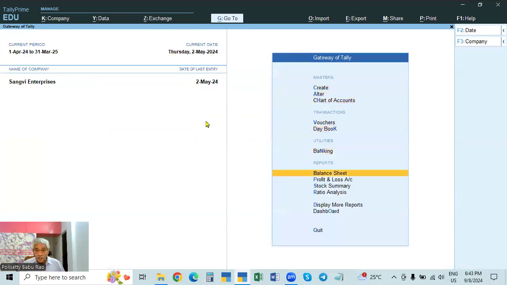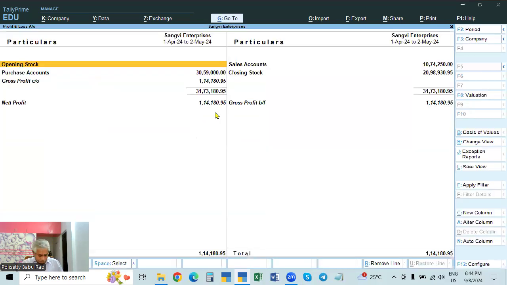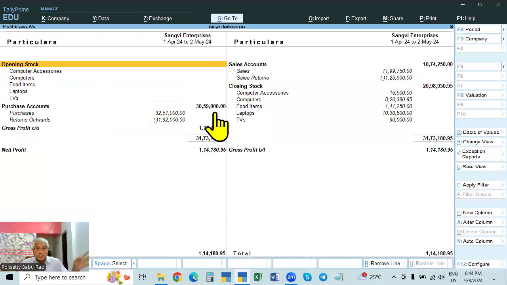If you go to the profit and loss account, sales are okay. Alt F1 to show the details. So sales and sales returns minus, okay. But here if you make it returns outwards, then purchases it will show first and then purchase returns outwards. The purchase return outwards, just this reduced.